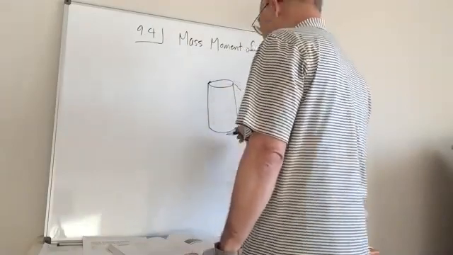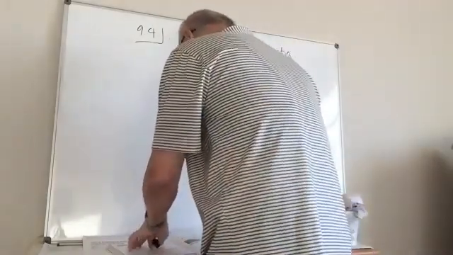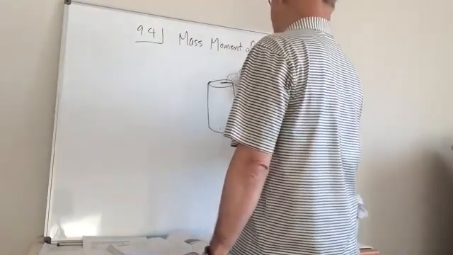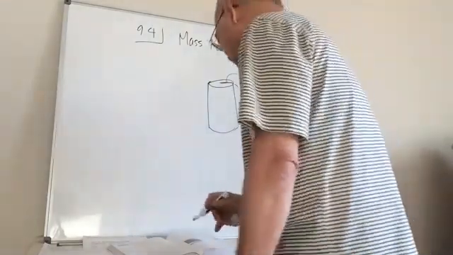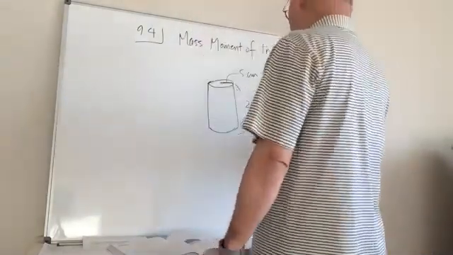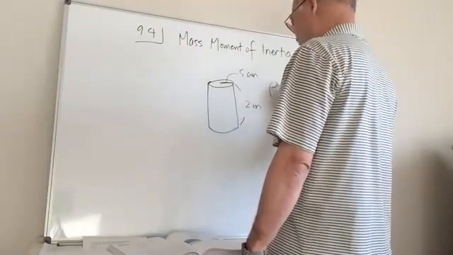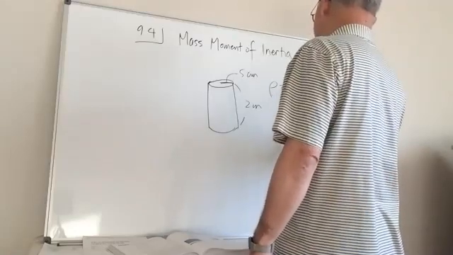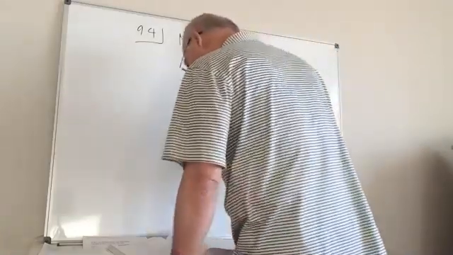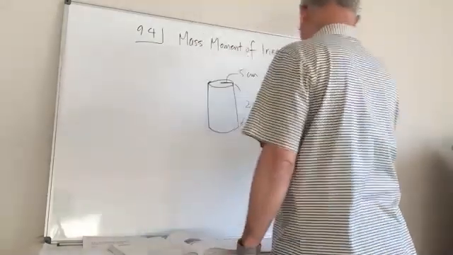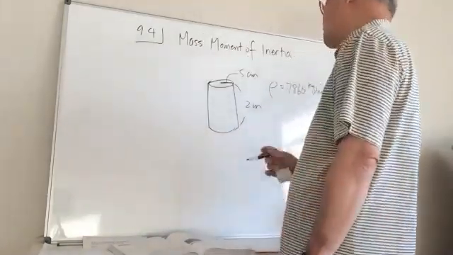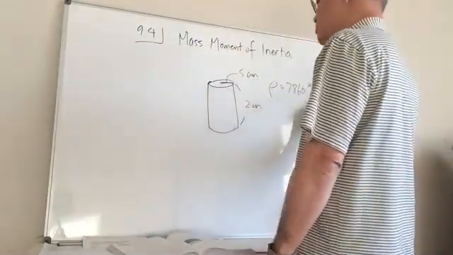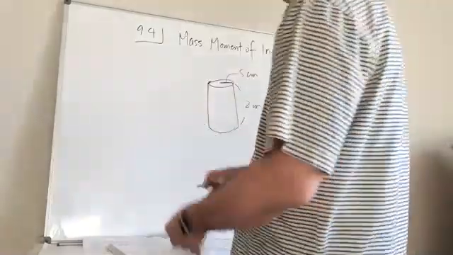It has a diameter of 10 centimeters, so the radius is going to be 5 centimeters. And the density of steel is equal to 7860 kilograms per meter cubed. Immediately you're thinking, I have centimeters here and meters here, so that's going to come into play somewhere.